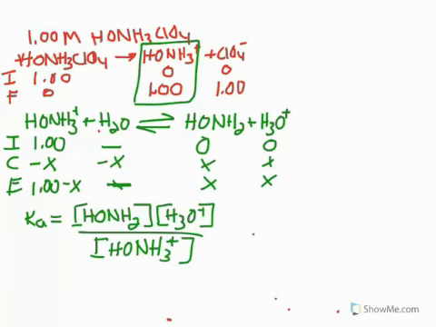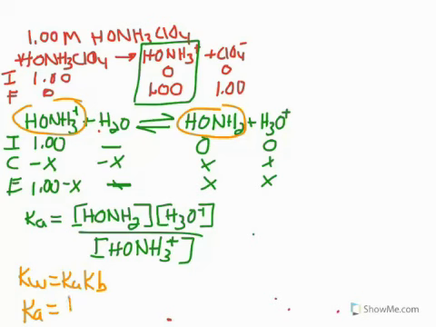And what I note is this is a Ka, and I don't have a Ka for HONH3 plus. But I do have a Kb for its conjugate base. So I use Kw equals Ka times Kb, so Ka is equal to Kw divided by Kb.